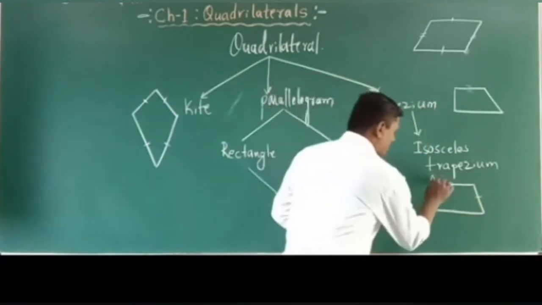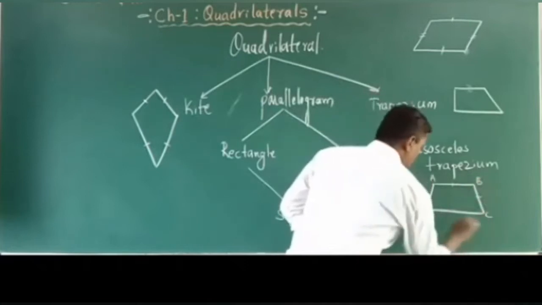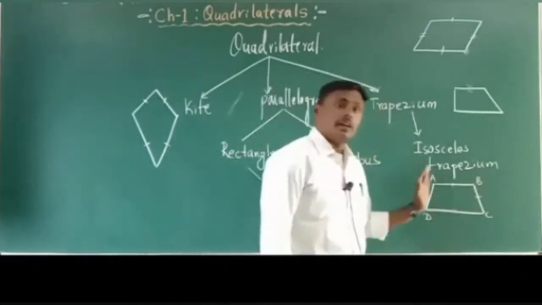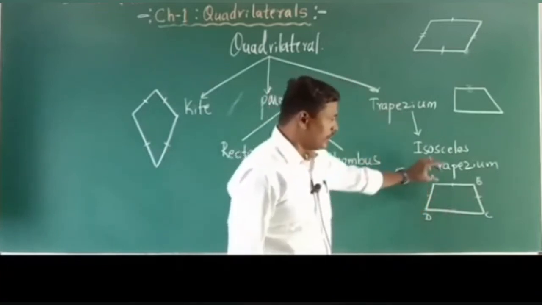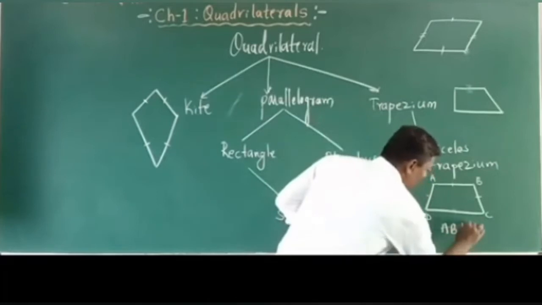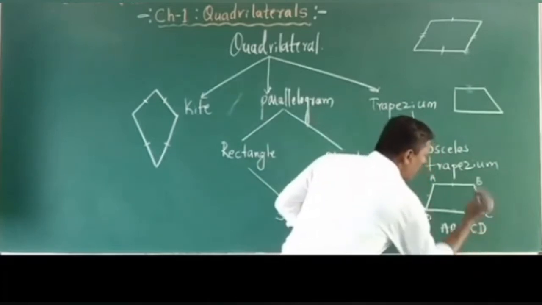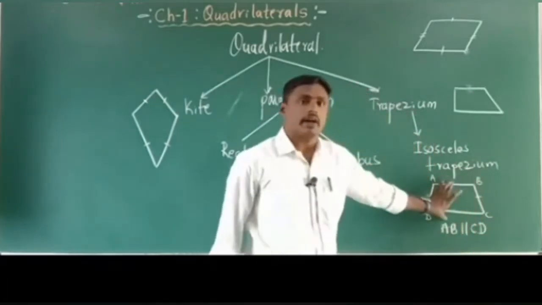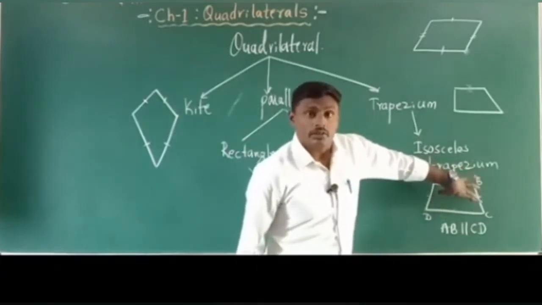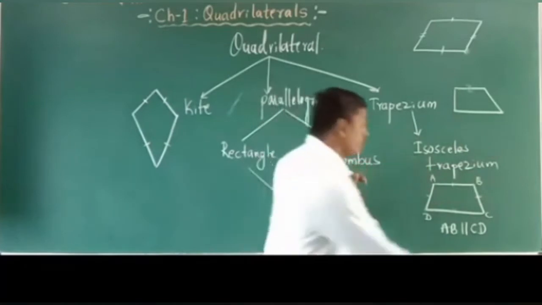For example, here ABCD is an isosceles trapezium. In that, AB is parallel to CD or DC. These two are the parallel sides, and the remaining one more pair is there, no? So these two are the equal sides.